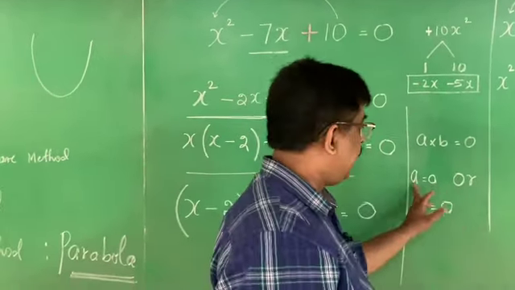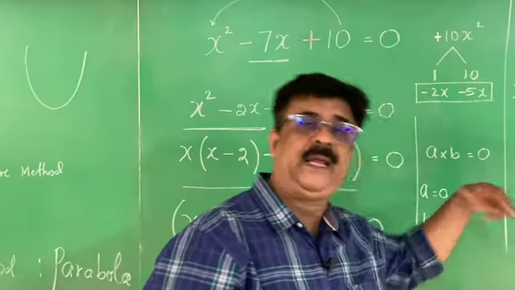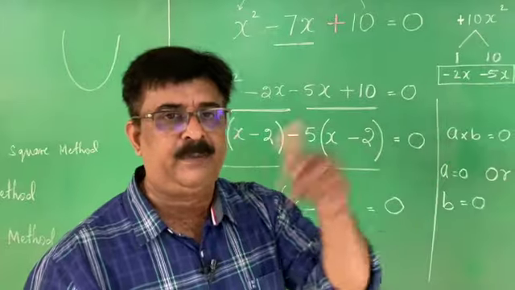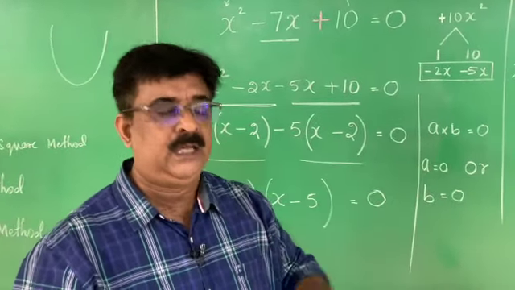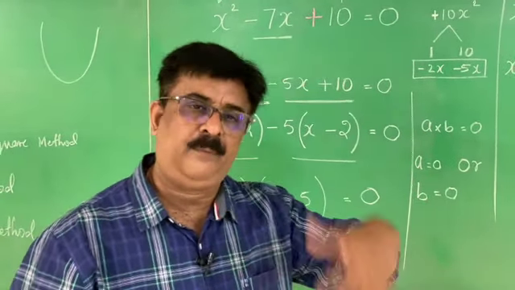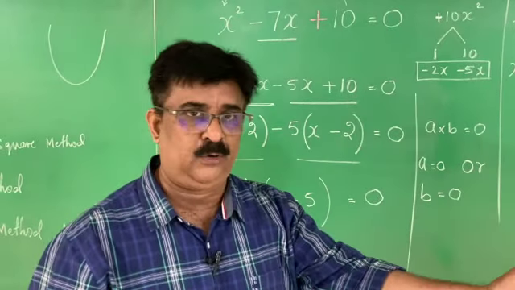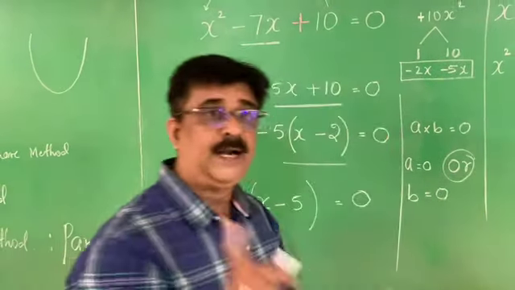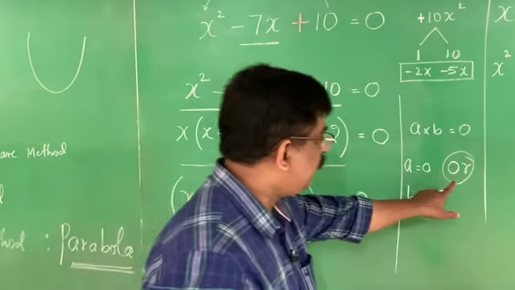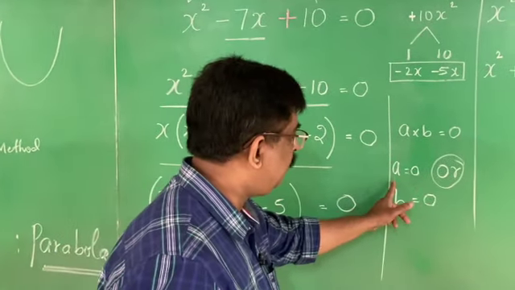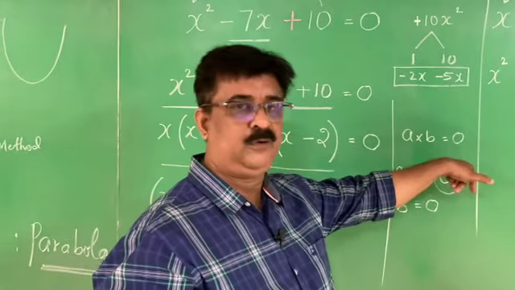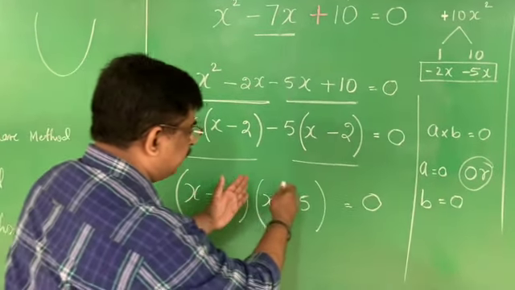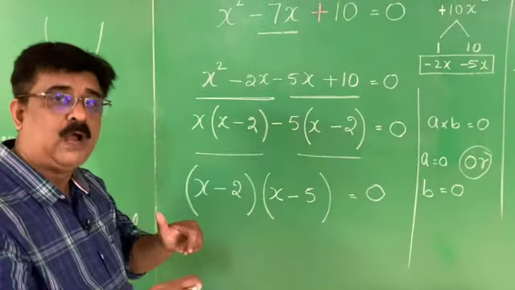It should be A is equal to 0 or B is equal to 0, because there is no need for both the numbers to become 0 to get the product as 0. If any one number is 0, obviously the product becomes 0. Therefore, the connective word is or, not and. Connective word is what? Or. A is equal to 0 or B is equal to 0. Therefore, here, see, x minus 2 into x minus 5 is equal to 0 means what?